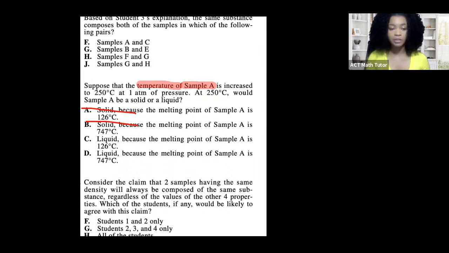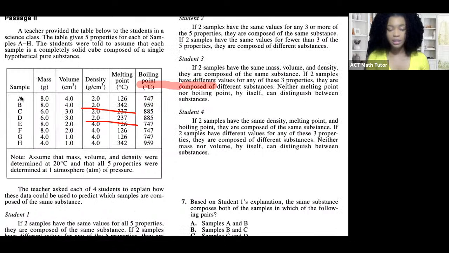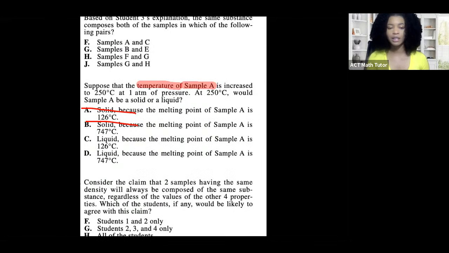The melting point is 126 degrees Celsius for sample A. I can literally see it on the chart and I could really put my finger on it if I was taking the test. So the answer is C. It is a liquid because the melting point of sample A is 126 degrees Celsius.